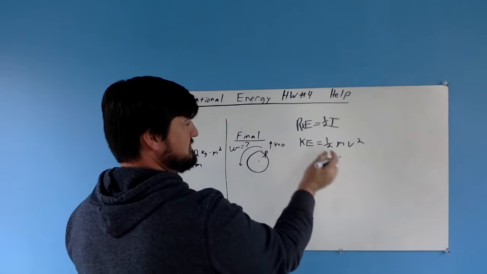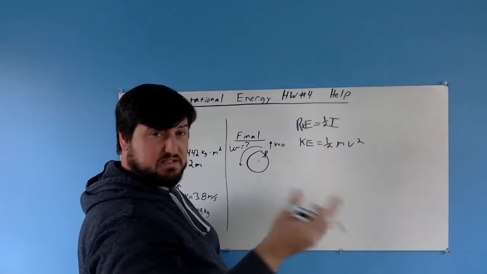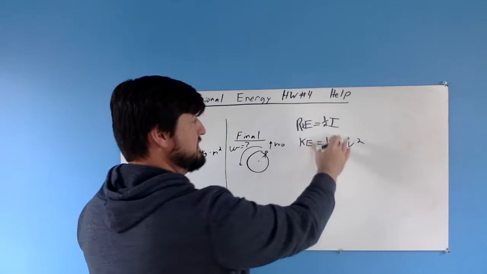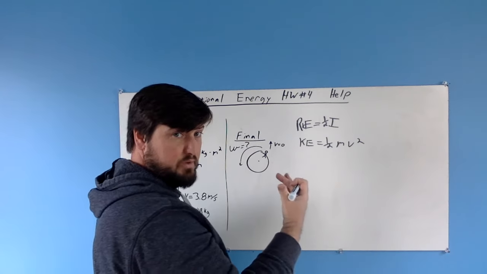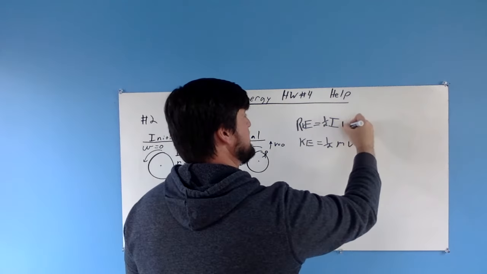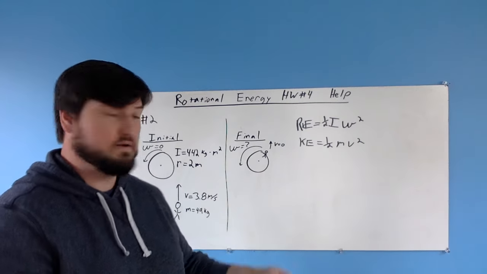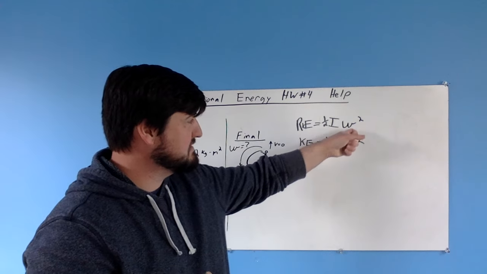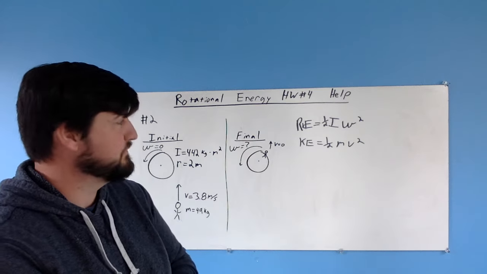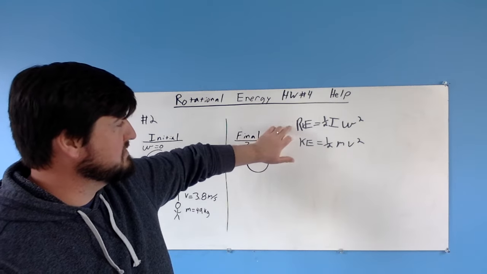Well, rotational kinetic energy is 1 half times the rotational equivalent of mass, which wants to resist the motion. That's the I value, moment of inertia. And then instead of v, we have to have a rotational component also, so we get omega squared. But you see how they're almost identical? It's just we have a rotational version of our mass and a rotational version of our speed, or our velocity.